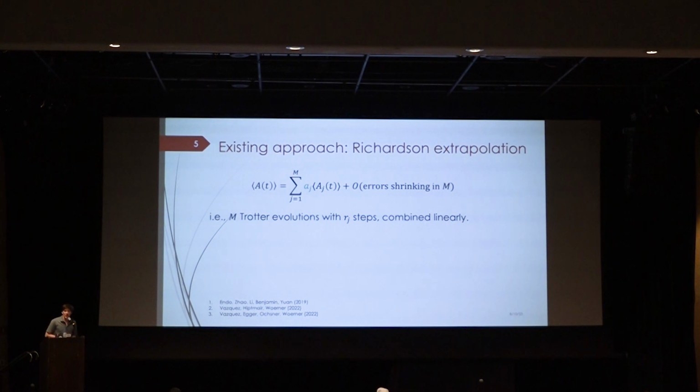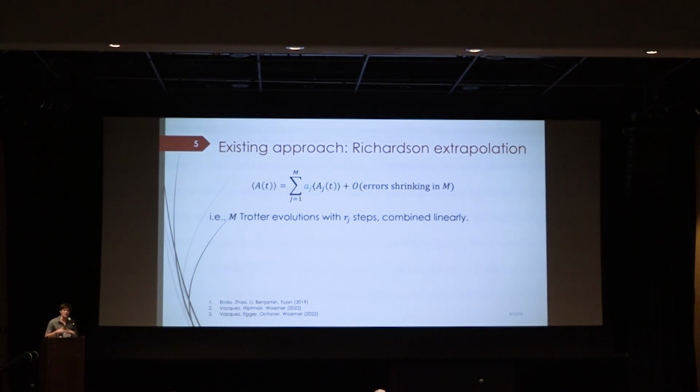There have been very strong efforts in this regard, especially in recent years. So one of these methods is Richardson extrapolation. To outline this approach, consider an observable A that we're interested in computing the expectation value of. Assume that we've time evolved some system by time t. The exact expression is on the left-hand side of this equation, but the way we compute it is through Trotter evolutions. So imagine on the right-hand side, we see these A sub j.